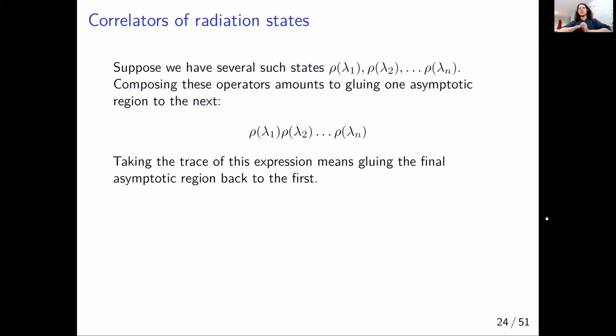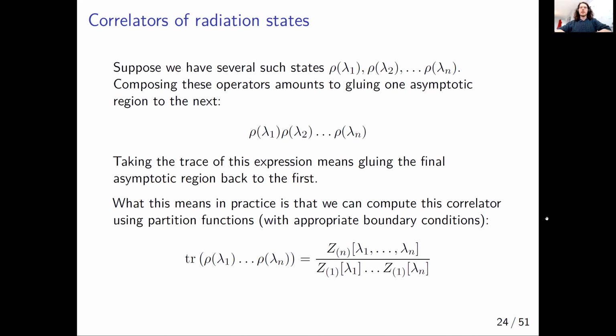And then if we take the trace of the whole thing, that means we're gluing the asymptotic region of the final one back to the first. And we can again compute this quantity in terms of partition functions. And the boundary conditions for the partition function in this numerator are given by gluing together the n copies cyclically in the way I've just described.